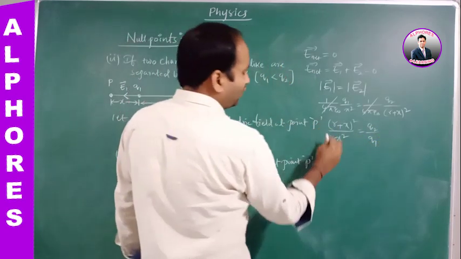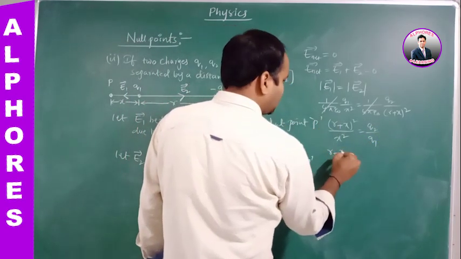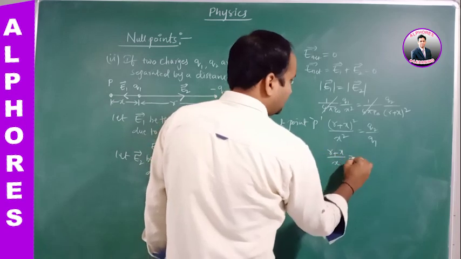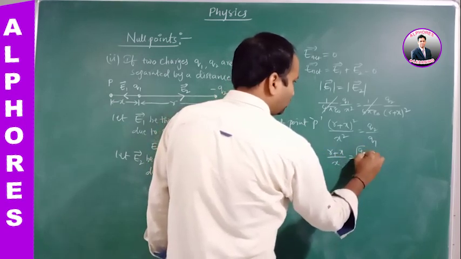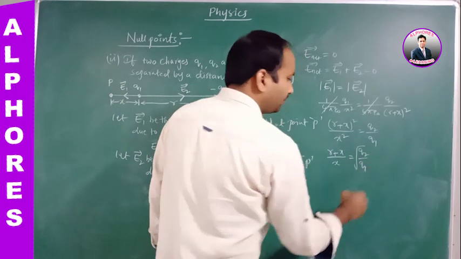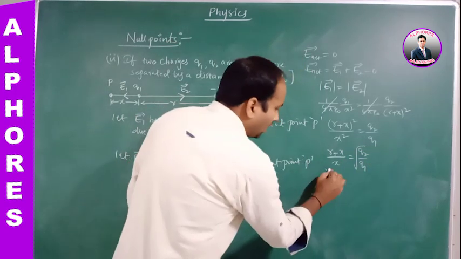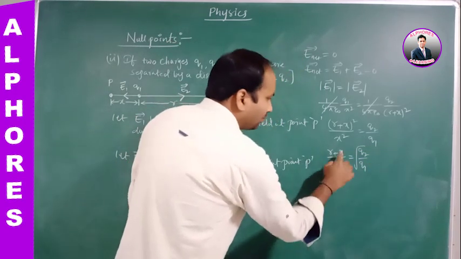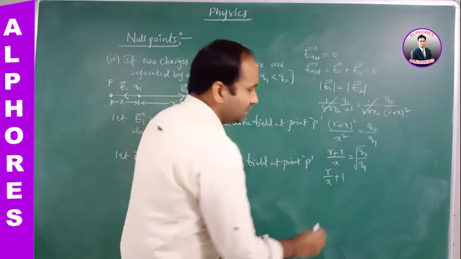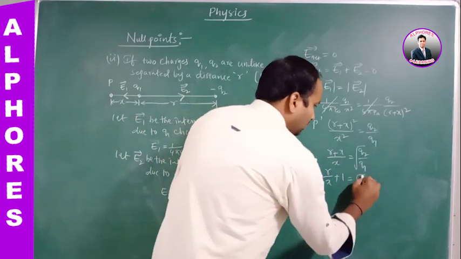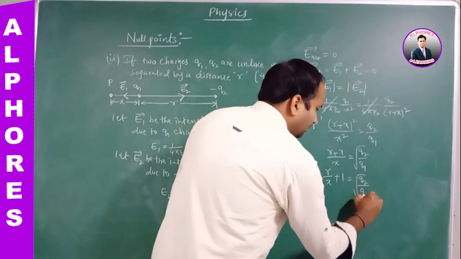Okay. Again square root on both sides, what you will get? r plus x by x is equal to root Q2 by Q1. It can be written as r by x plus x by x, 1, is equal to under root of Q2 by Q1.